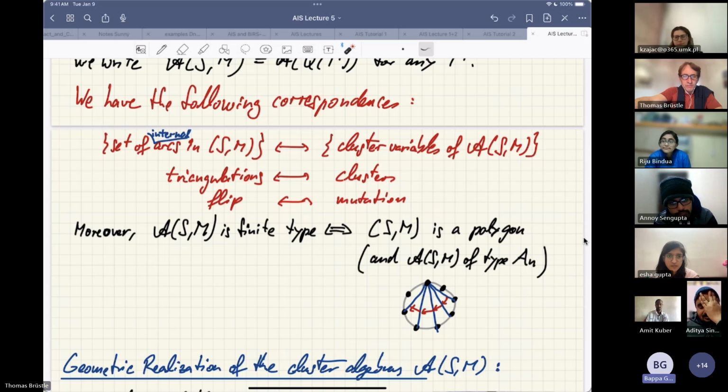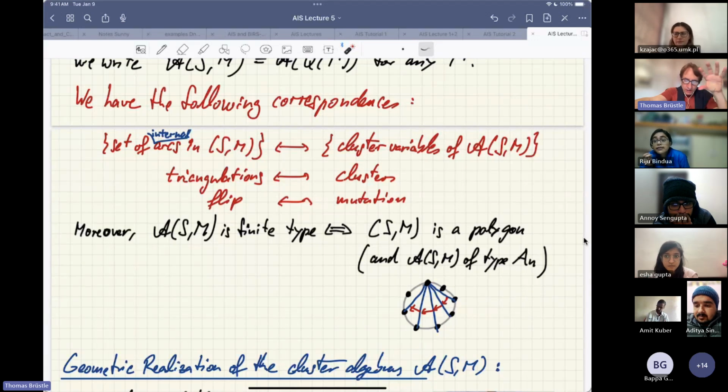Because a polygon can come only from S2, right? Yes. Okay, thank you. So if you have a surface of any other genus than 0, it is automatically infinitely many cluster variables. And even for genus 0, there's only one way to get finitely many.